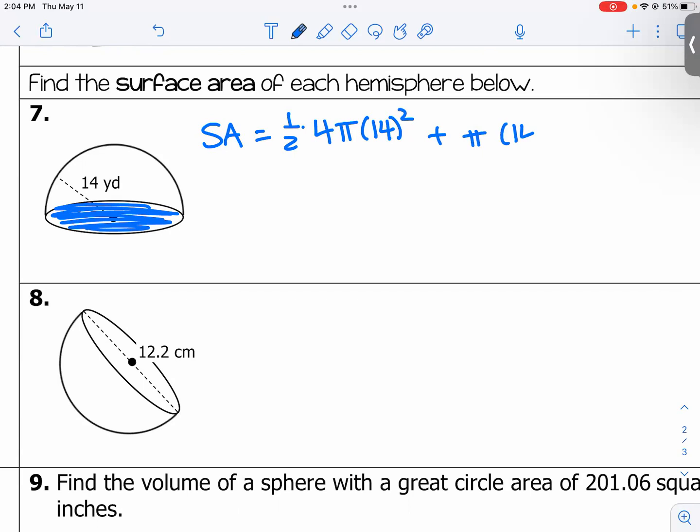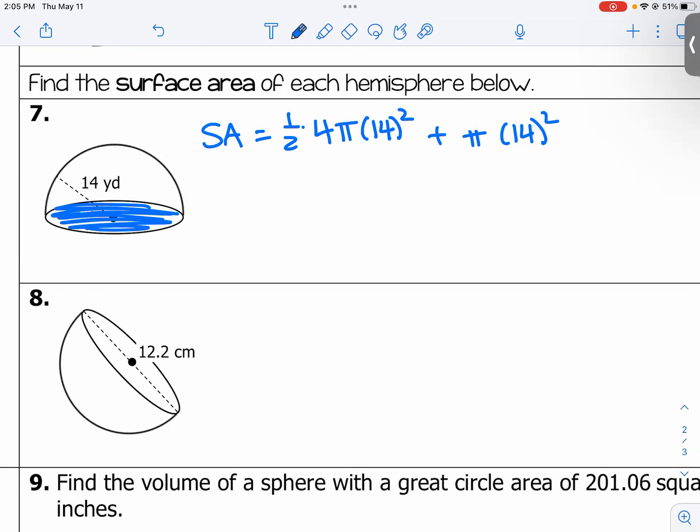Pi r squared. If you don't know the radius, you could use the circumference to figure it out.